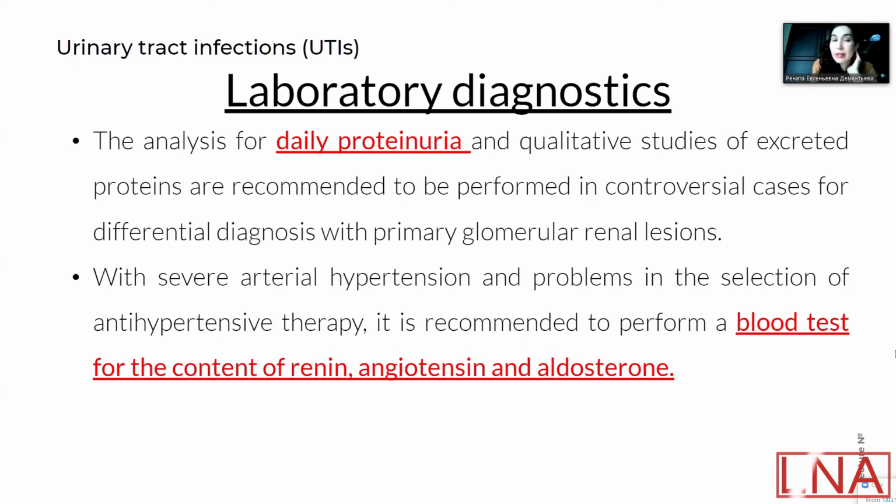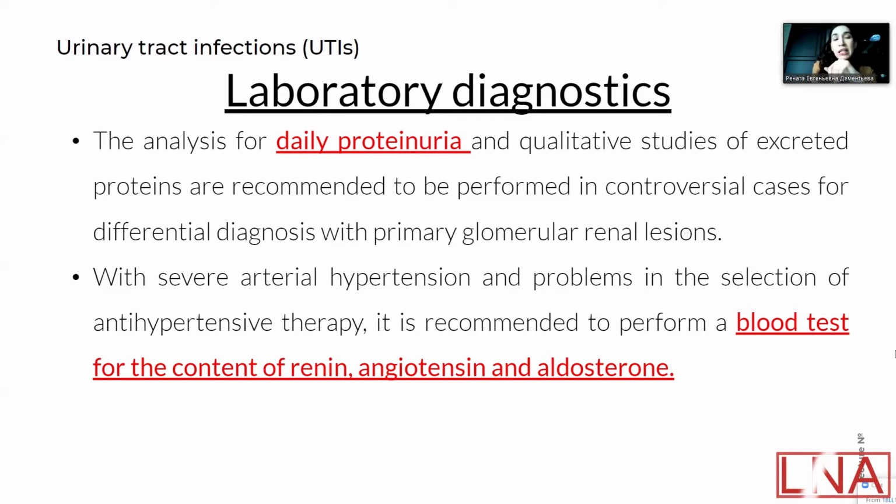Next, the analysis for daily proteinuria and qualitative studies of excreted proteins are recommended to be performed in controversial cases for differential diagnosis with primary glomerular disease or nephrotic syndrome.